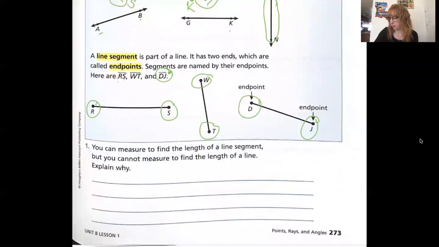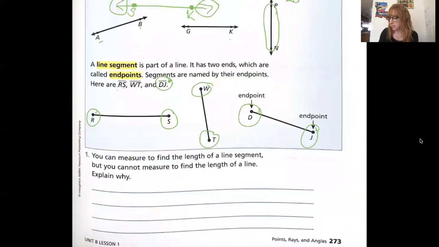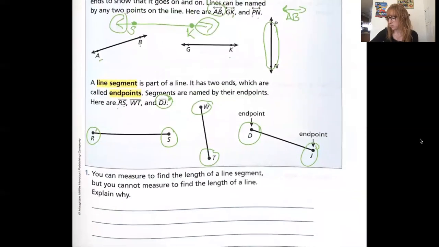So the first question is they ask us to define the difference between a line and a line segment. So you can measure to find the length of a line segment, but you cannot measure to find the length of a line. And that's because a line never ends, right? So this line PN, it never ends.